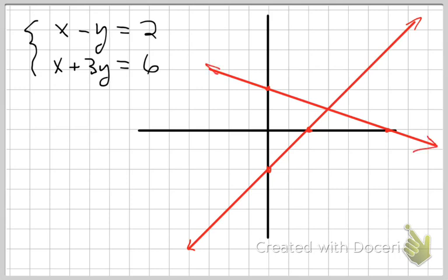So that line represents all the points that make x plus 3y equals 6. All right? So what would the solution to the system do? You guys said it had to make both of them true, right? So where do I find a point that makes both of them true?